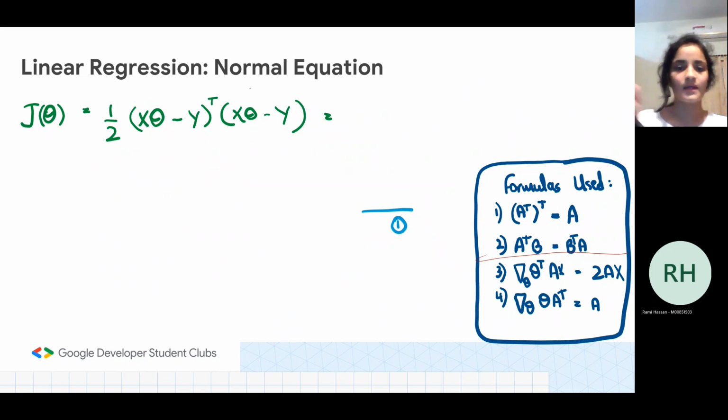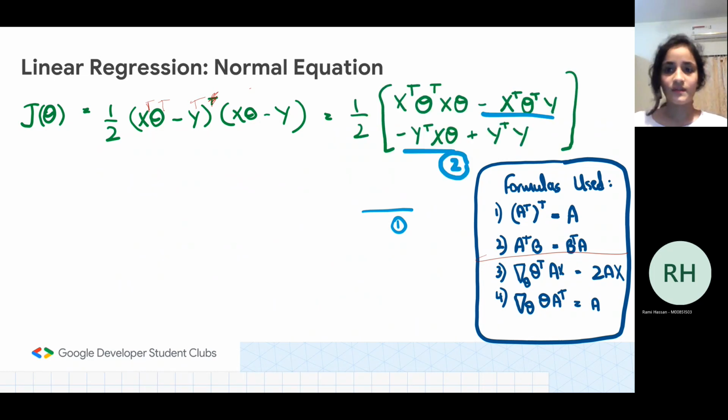We have a transpose on the bracket, so we put the transpose on each term, like that, like that. Then we do the multiplication. This is how it looks when you open the brackets: x transpose theta transpose multiplied with x and theta. So each term we multiply, this is what we get.